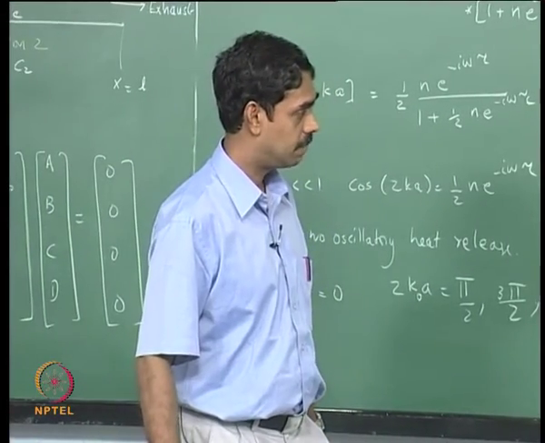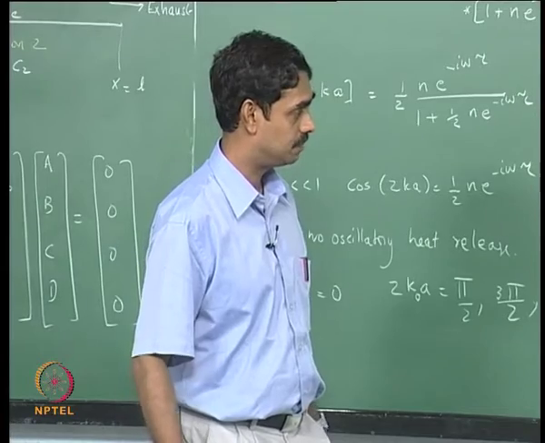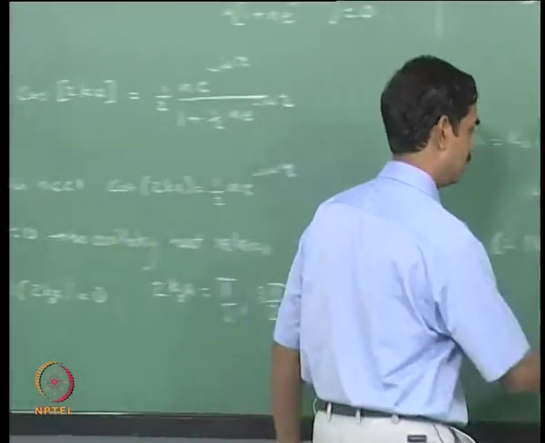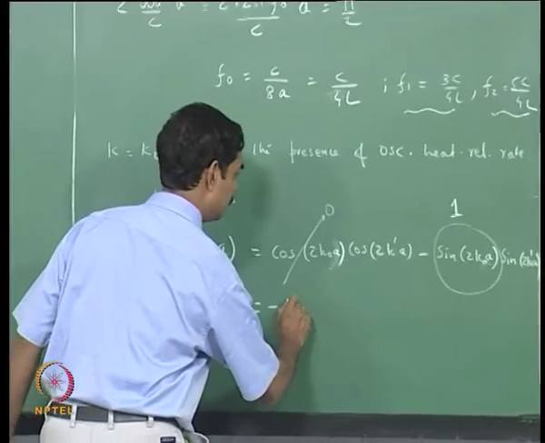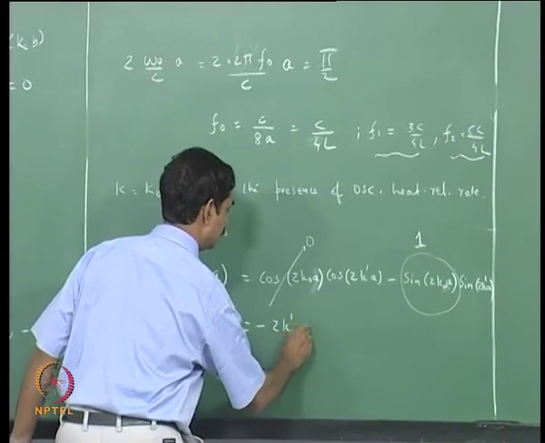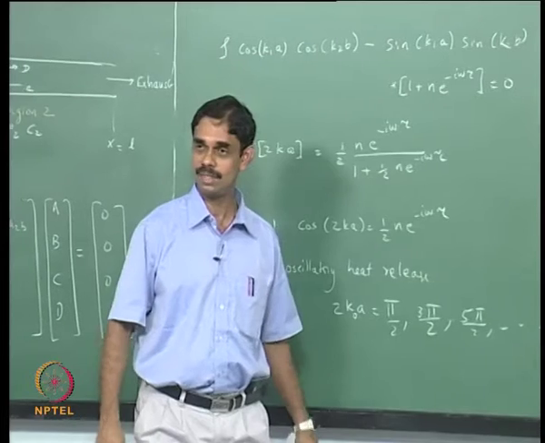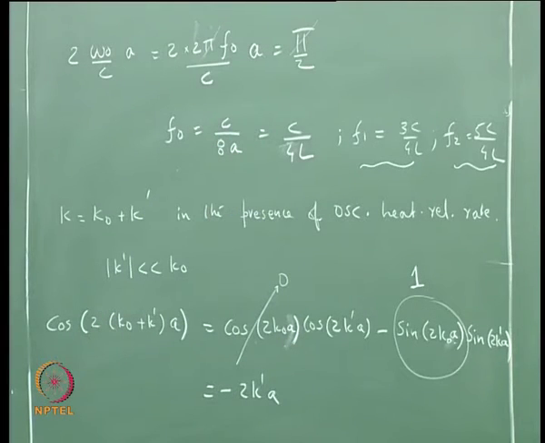If k prime a is very small, we can even call sin theta as theta. So this would be minus k prime a. You can actually do without all these approximations, no problem, but with the approximation you can get some simple results which you may appreciate. That is the idea, at least I appreciate.